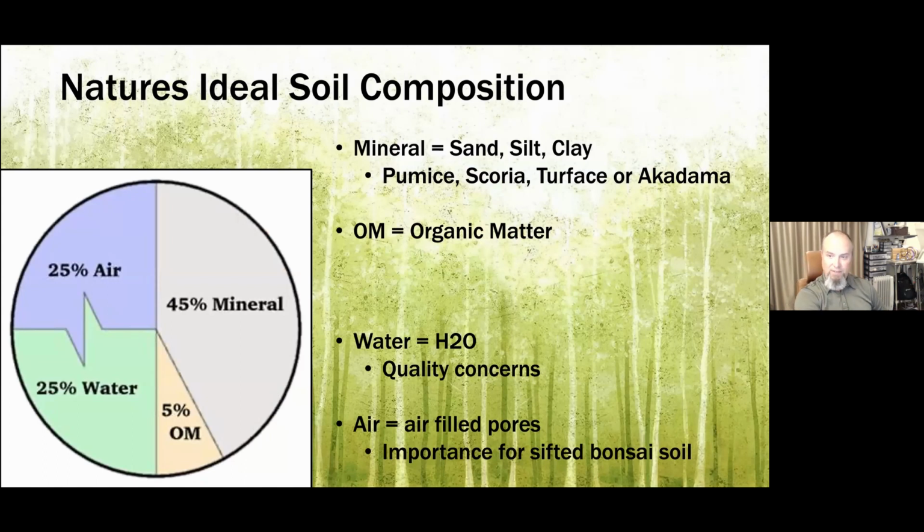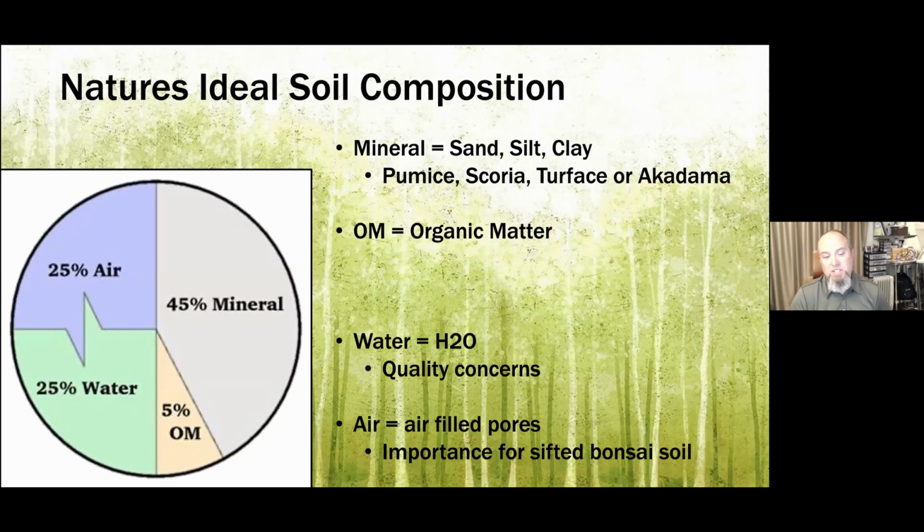So only half of your soil is being inhabited by air and water, and it's only a quarter each. That squiggly line in the middle indicates that when you water, obviously the water percentage will be higher. As it dries down, the air percentage will be higher. That's your goal if we're mimicking nature.